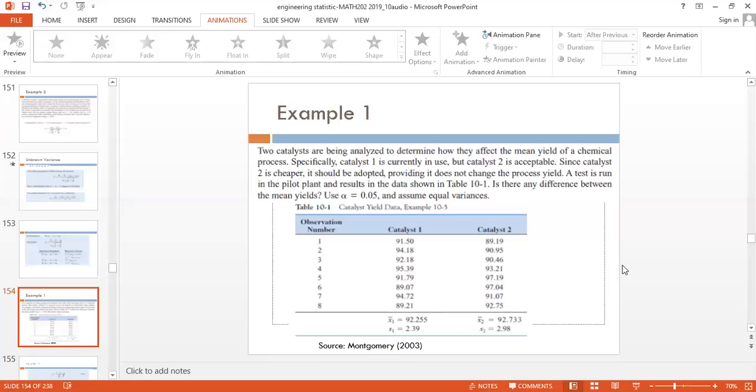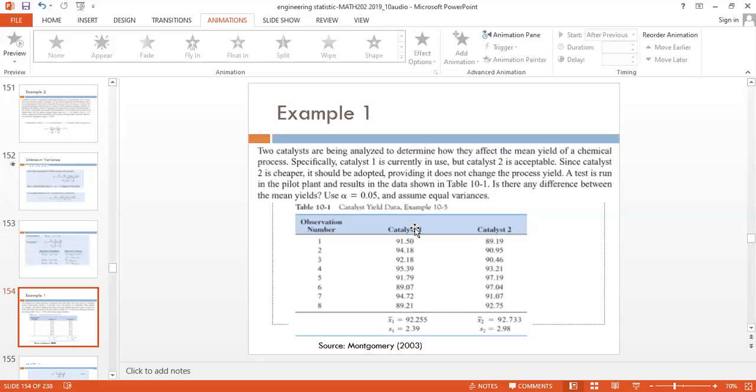Use alpha equals 0.05 and assume equal variances. Like you can see, the source is from the reference text, Montgomery, Applied Probability and Statistics for Engineers.